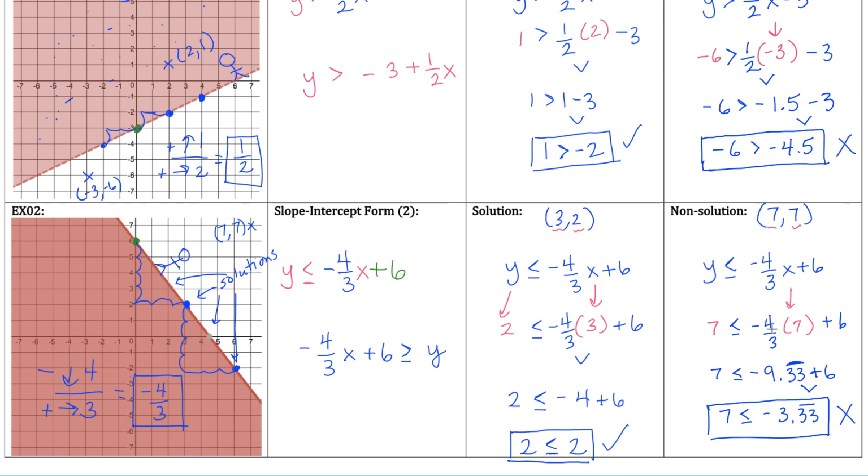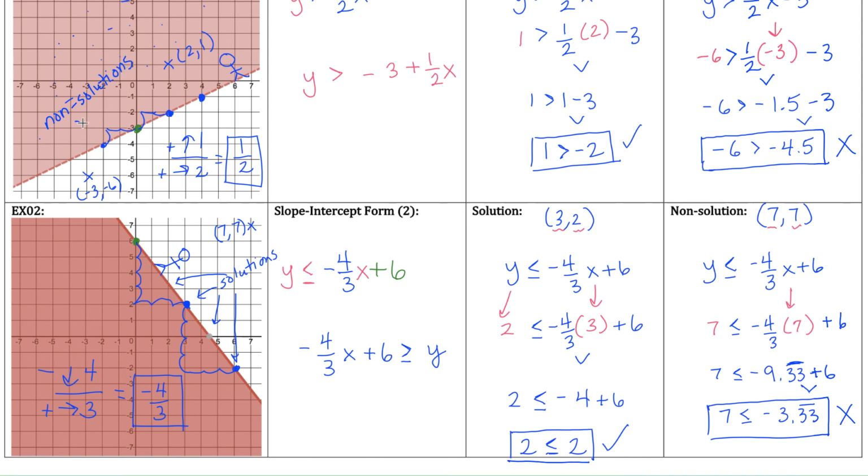So one last thing. I don't want you to forget that. Remember, this is dashed right here. Let me make it blue. So I'll put non-solutions.